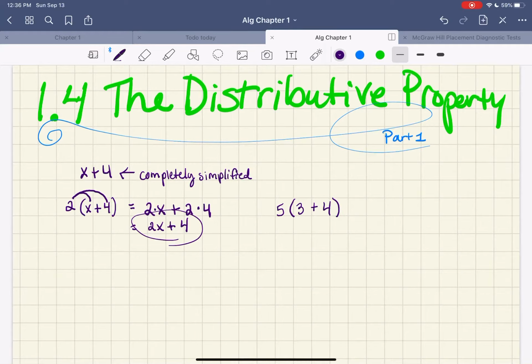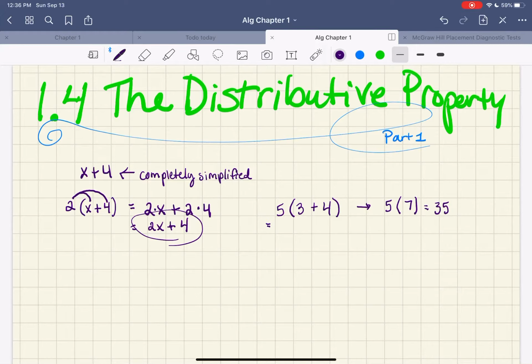So when I'm doing order of operations, I could say, all right, I am going to have 5 times (3 plus 4), I turn that into a 7. Now I do 5 times 7, which gives me 35.